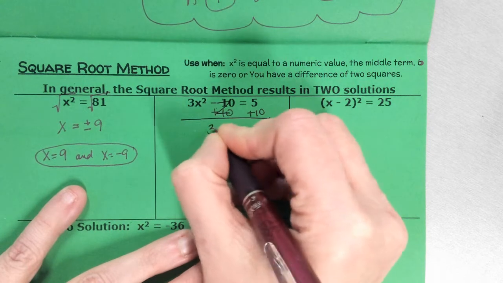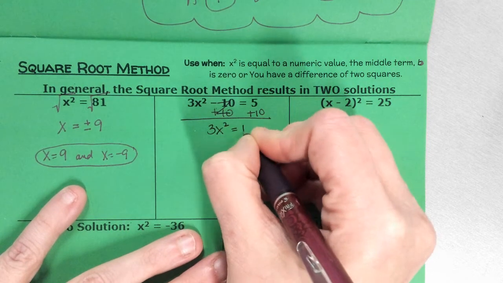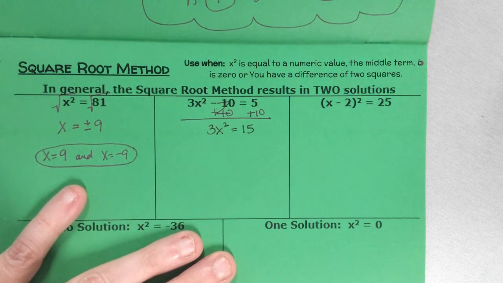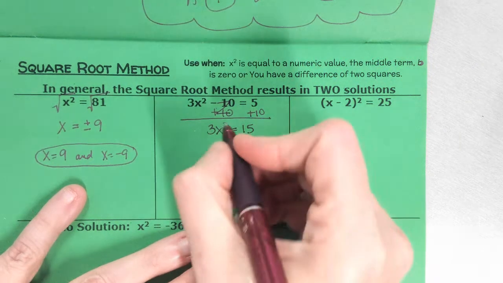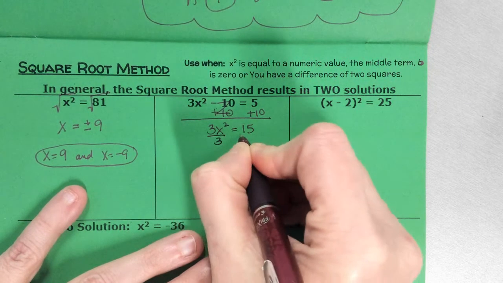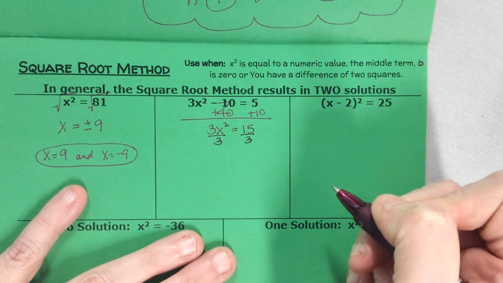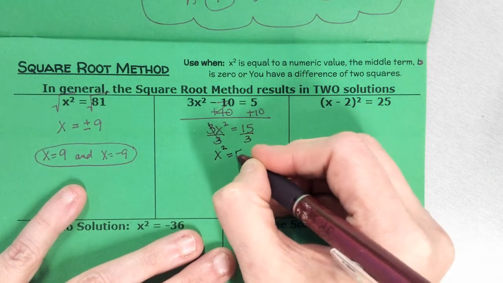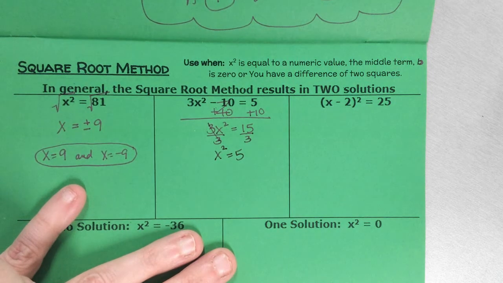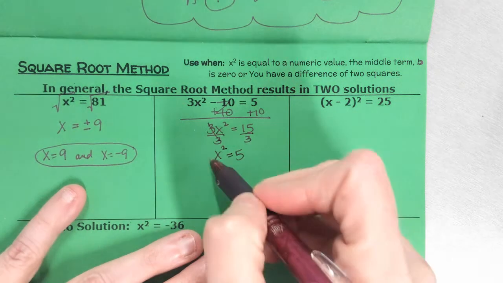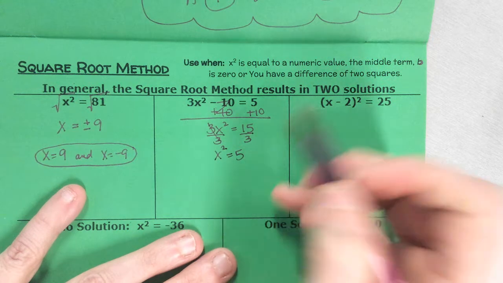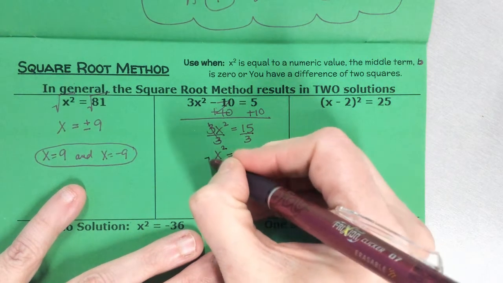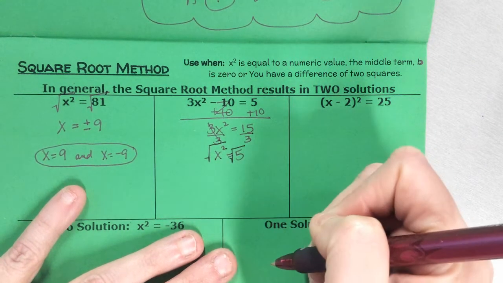Okay, that gives me 3x squared equals 15. Now I can divide everything by 3, which gives me x squared equals 5. Well, it's x squared equals a number, so I can take the square root of both sides.